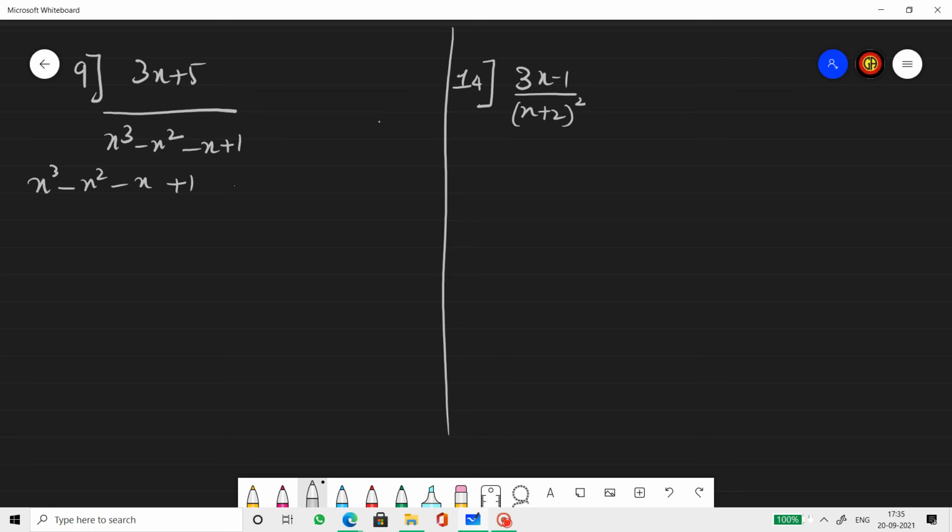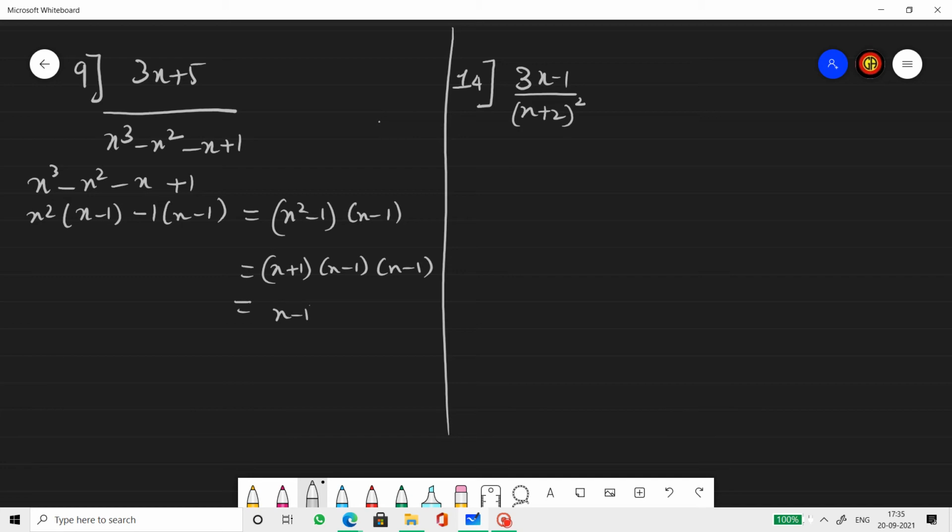Group, taking x square common out from the first two terms, it's x minus 1. Then minus 1 common out, x minus 1. So we get (x square minus 1) into (x minus 1). X square minus 1 is (x plus 1) into (x minus 1). And we have another x minus 1. Therefore, (x minus 1) the whole square into (x plus 1).